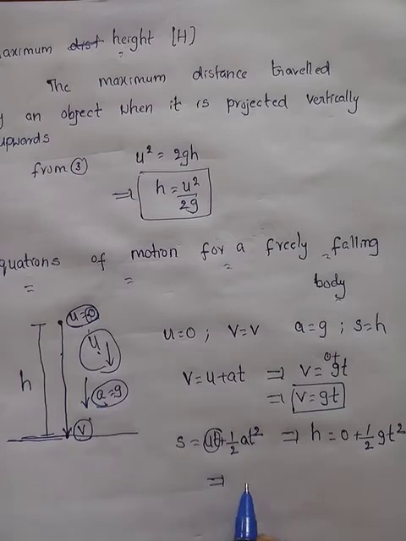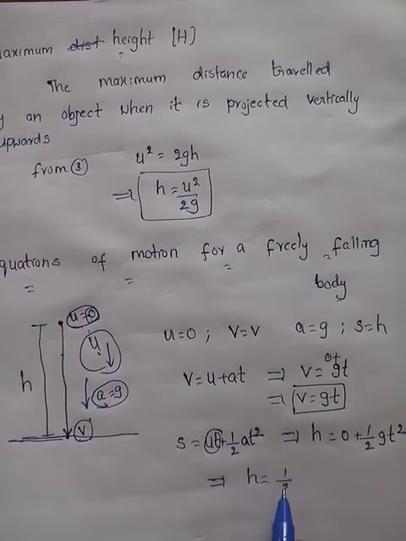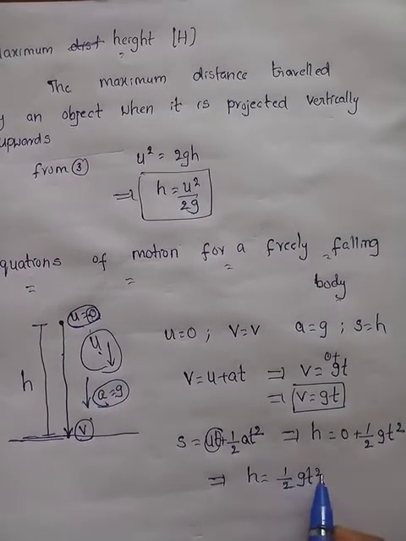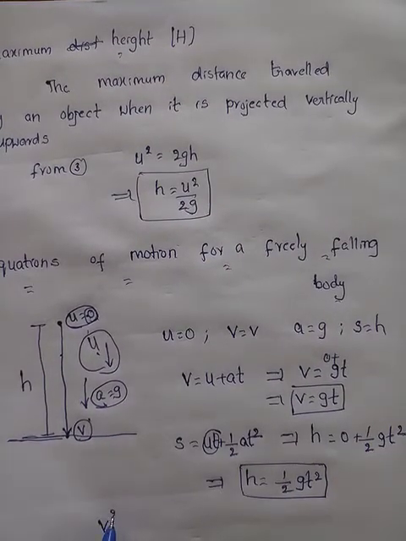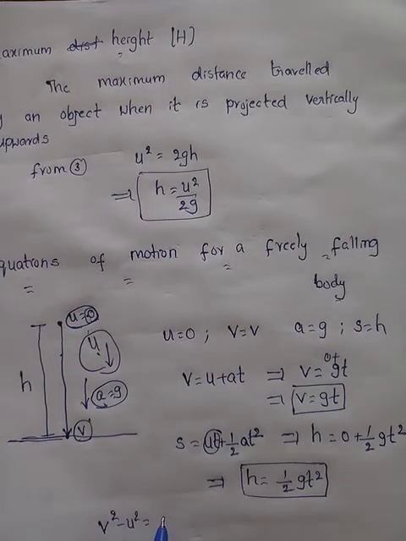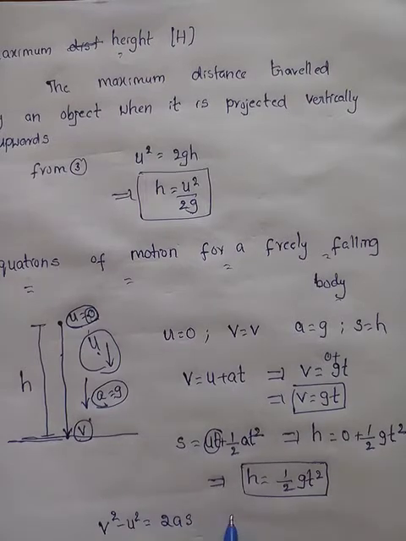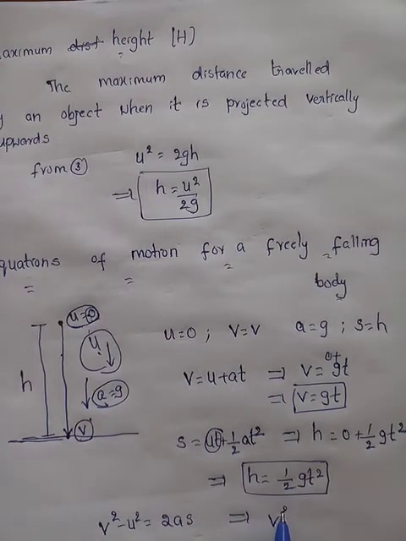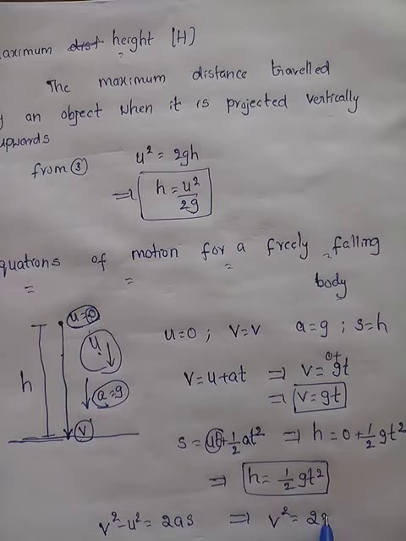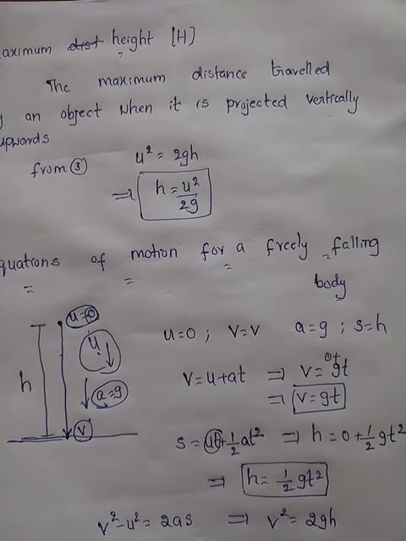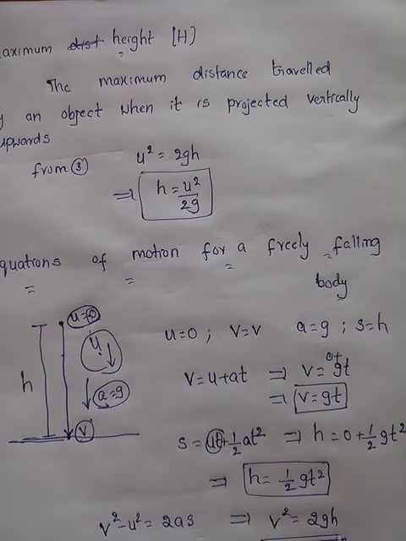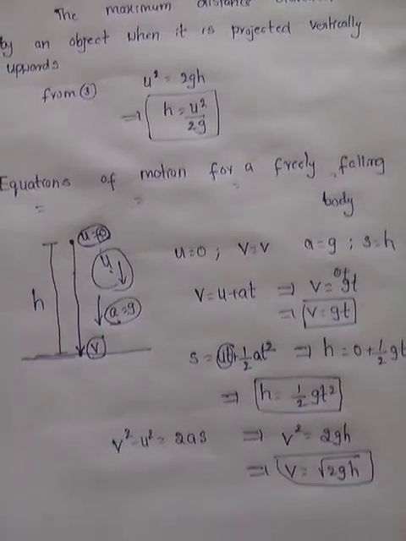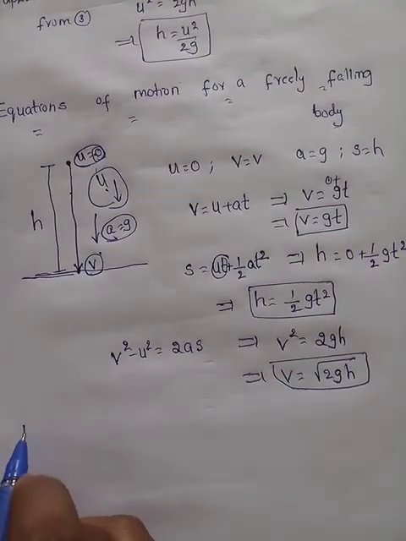From that, h equals half gt square. Final equation: v square minus u square equals 2as. That implies v square equals 2gh, so v equals root of 2gh.